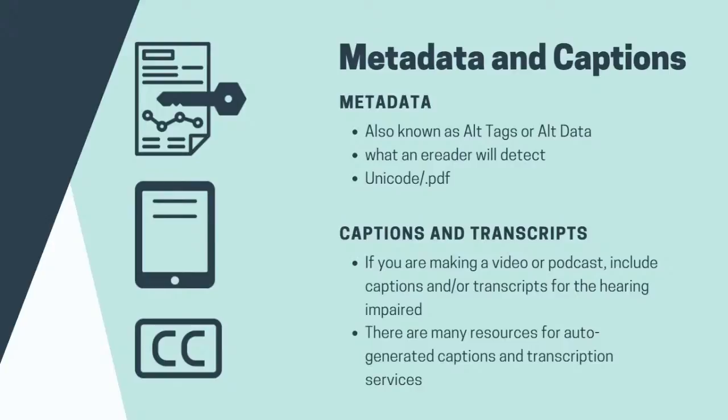When they come to a photo, if it does not have alt text, it's not going to read anything to them. So if you put up a flyer advertising a bake sale and somebody who's blind comes across it online, obviously, not in real life, the e-reader will simply be unable to tell them anything about it unless you add alt tags or alt data.